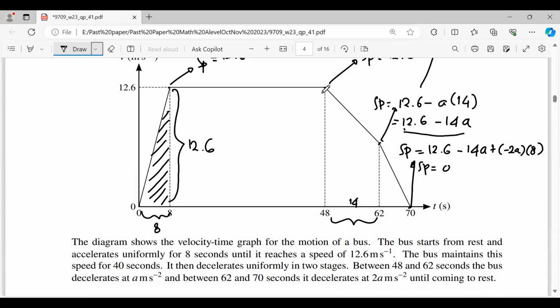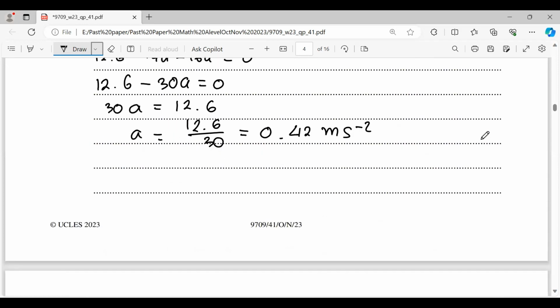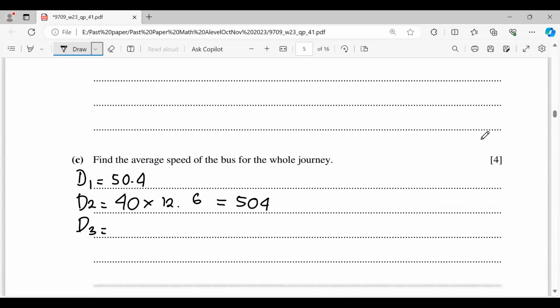This is 12.6 and this is 6.72. Why 6.72? Because 12.6 minus 14 times 0.42. I'm going to write on here.